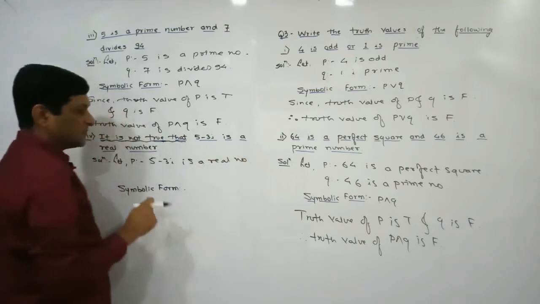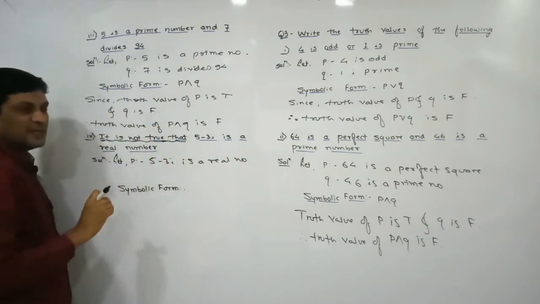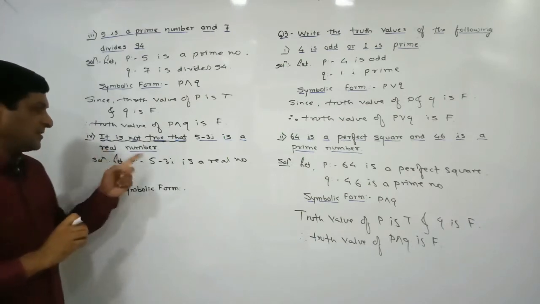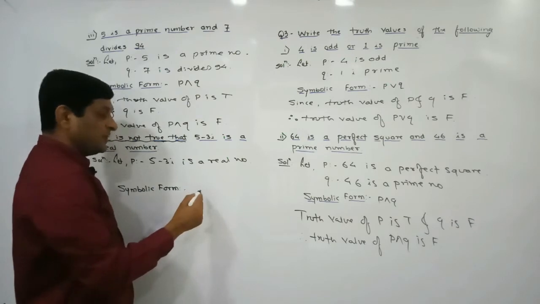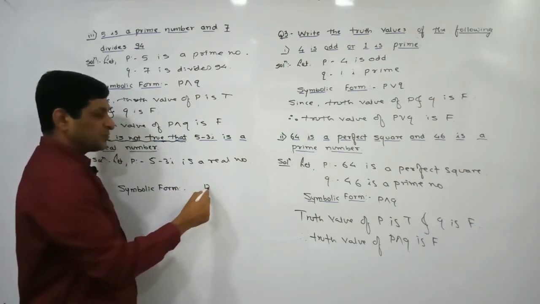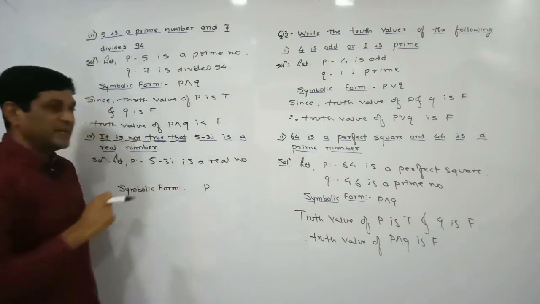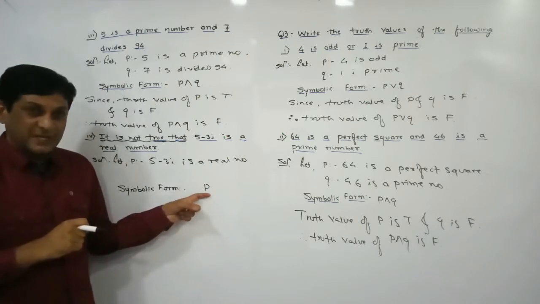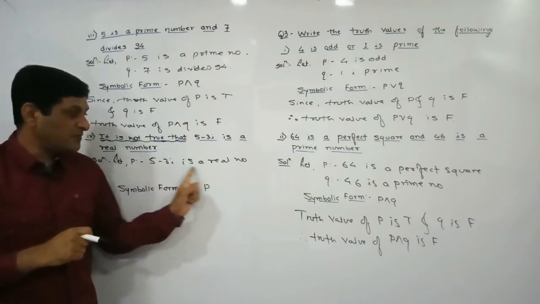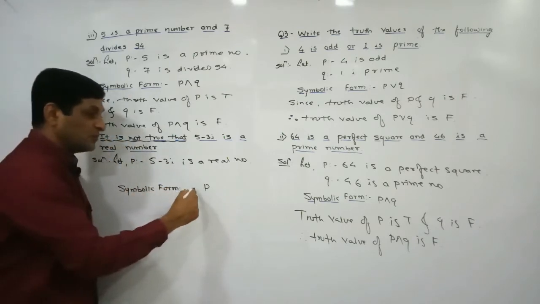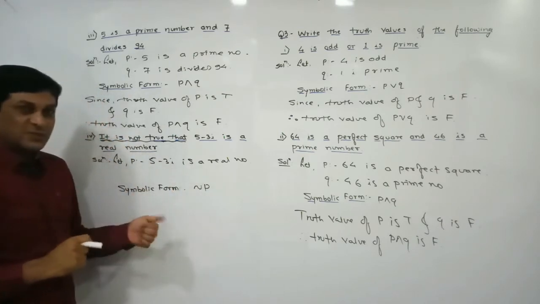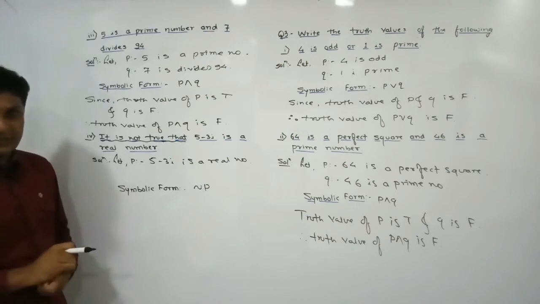So only one statement is there, 5 plus 3i is a real number, which we denote by P. But it is not true, which means negation of P. So this will be the symbolical representation.